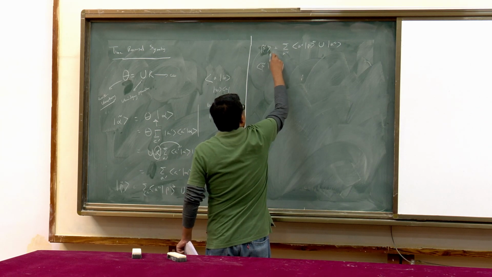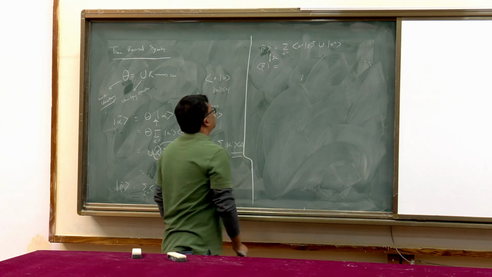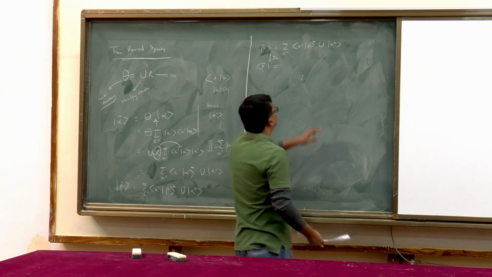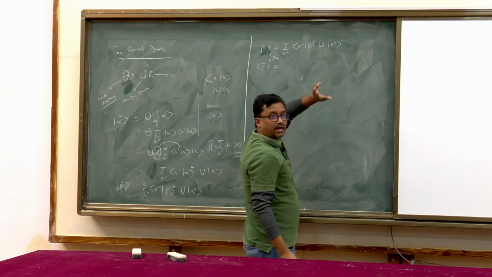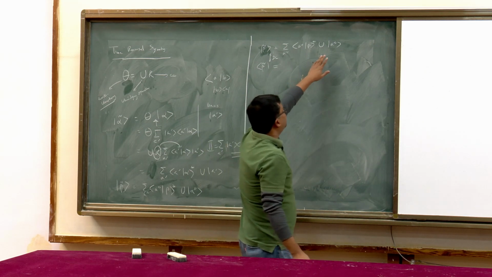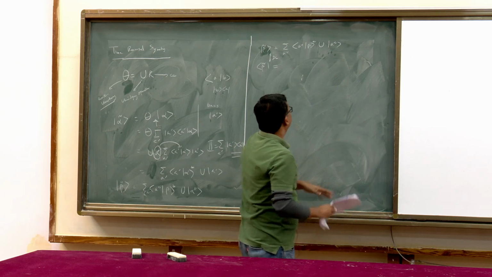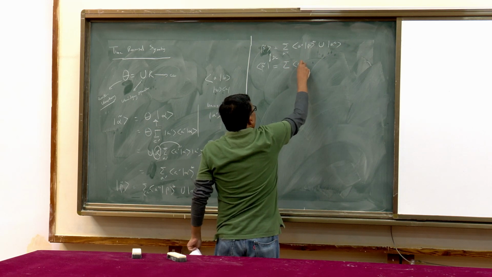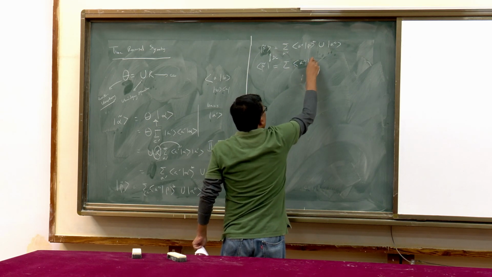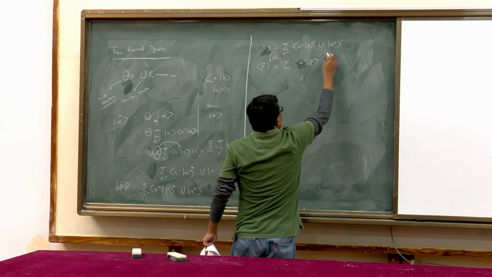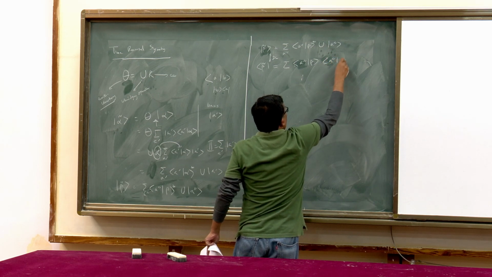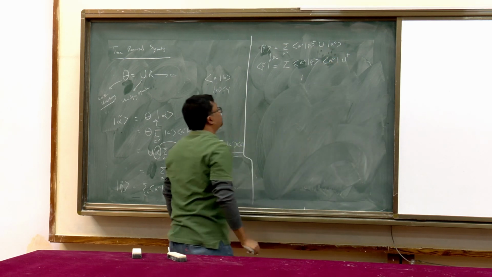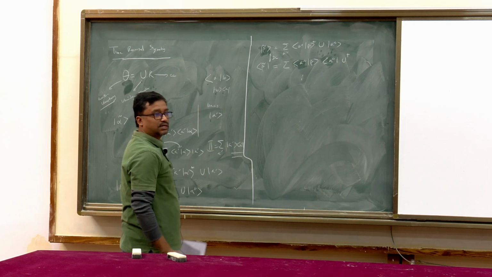You take a dual correspondence, meaning that the unitary operator will become a dagger, the kets will become bra, and the coefficients will just flip. So you have A beta, and the order will switch: bra of A and u dagger.